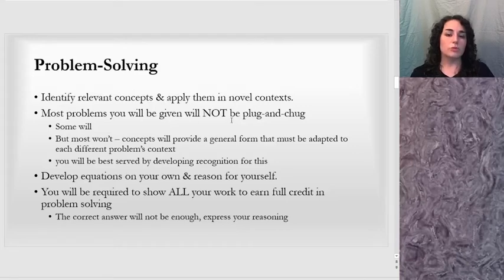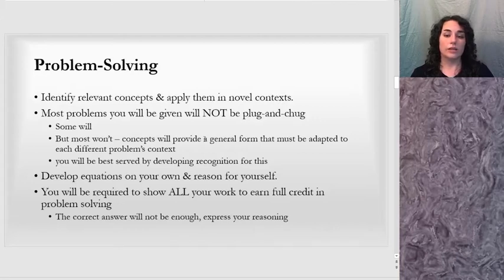Most problems you will be given will not be plug and chug, but we all want this: just look at the equation, pick out an equation on the equation sheet, plug things in and get the answer. That's plug and chug. But it's not going to be that way. Some may be like that, but most won't.